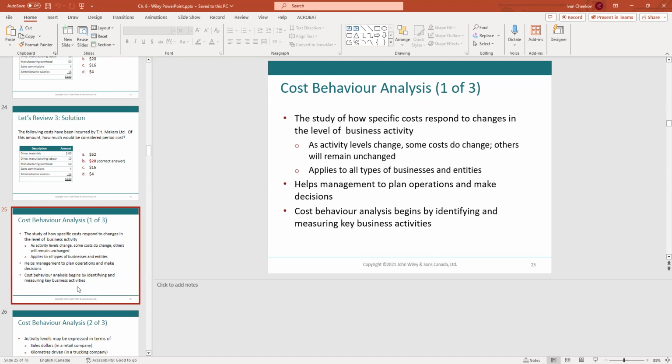So if the total cost of the company is $100, I can make 1,000 different classifications, but I cannot change the total of the costs. Total cost is always going to be 100. For example, if I have 30 students in the classroom, I can make a number of different classifications, but at the end of the day, the total of all those classifications is going to be 30.